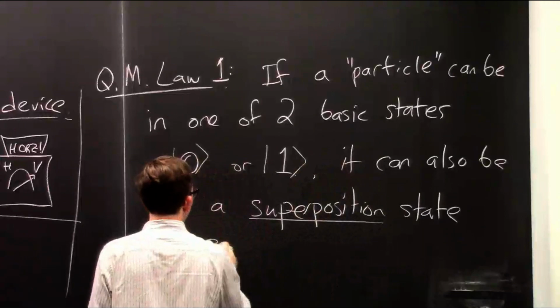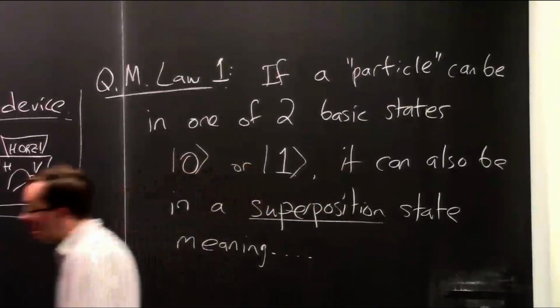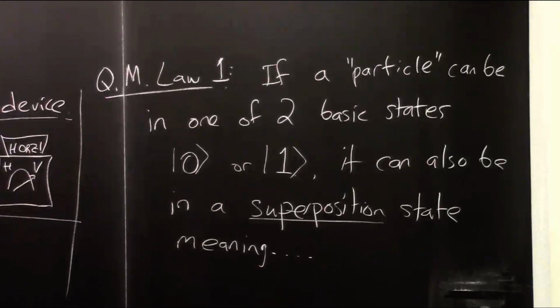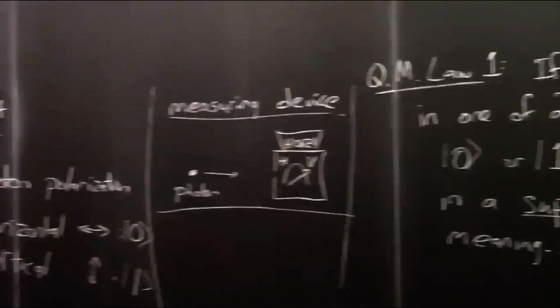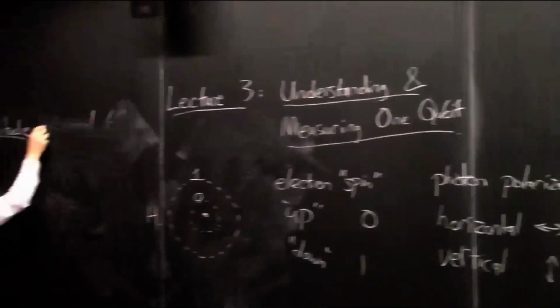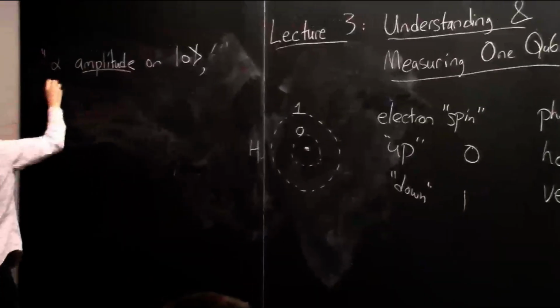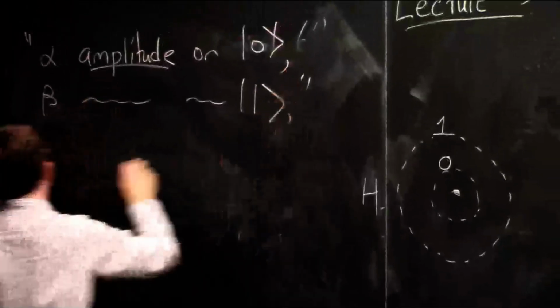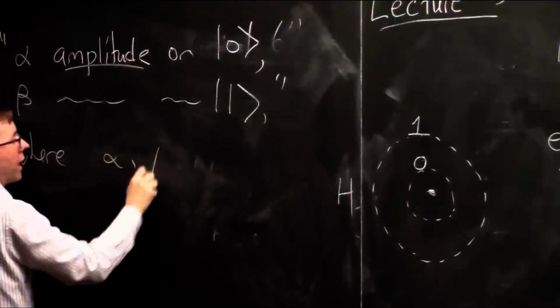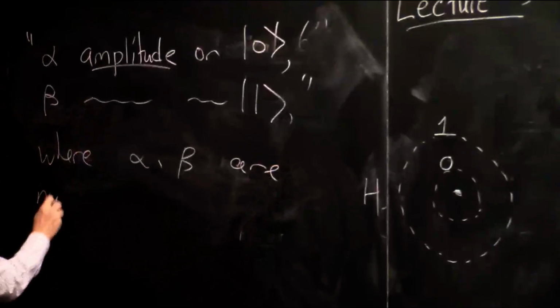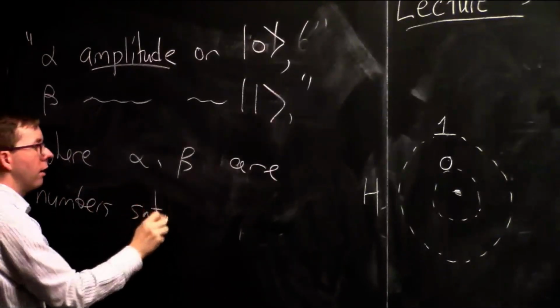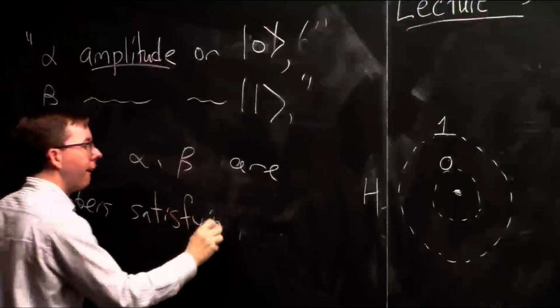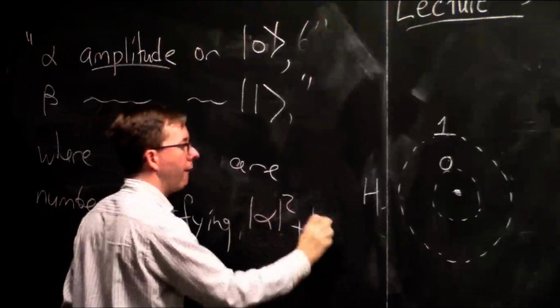Meaning that its state can also be described like this: alpha amplitude on 0 and beta amplitude on 1, where alpha and beta are numbers satisfying a little equation. Alpha squared plus beta squared equals 1.